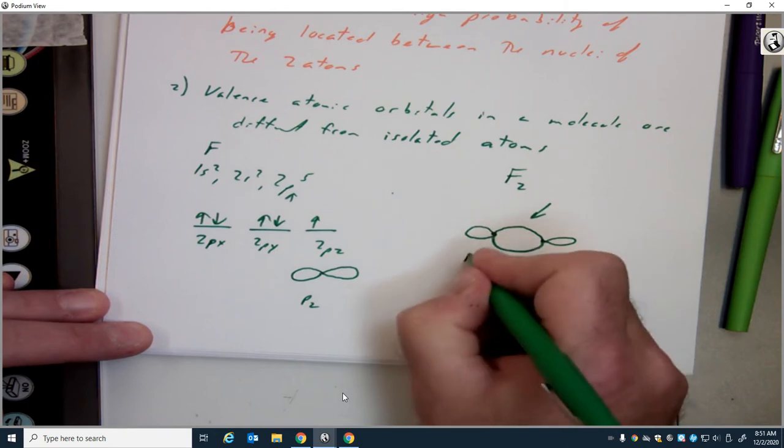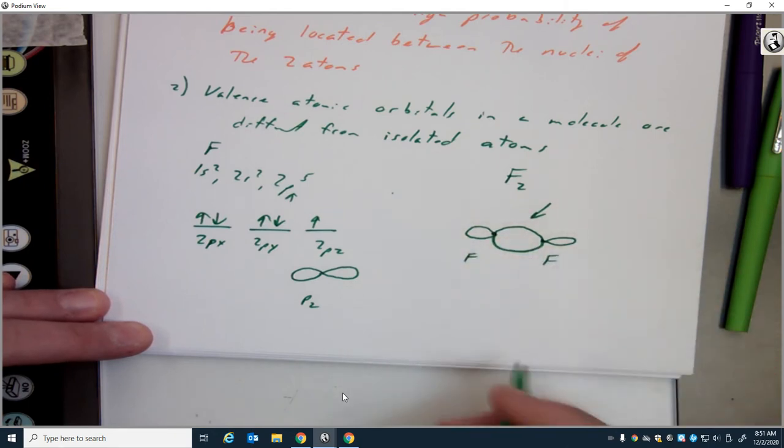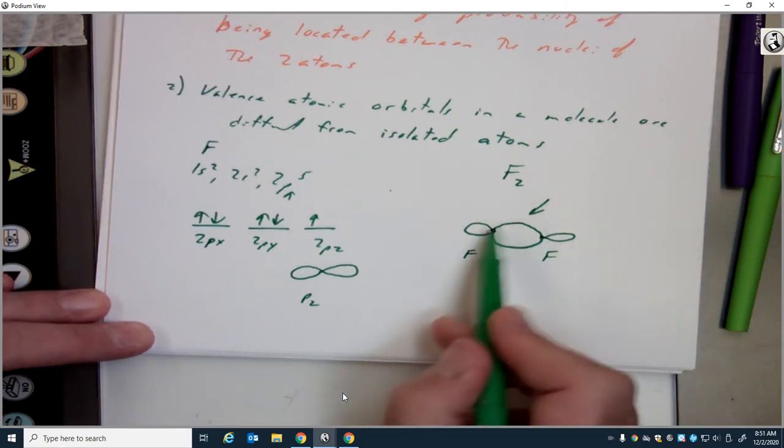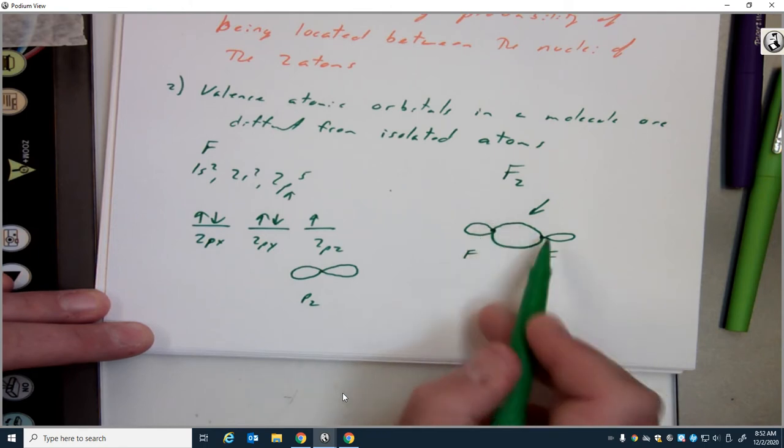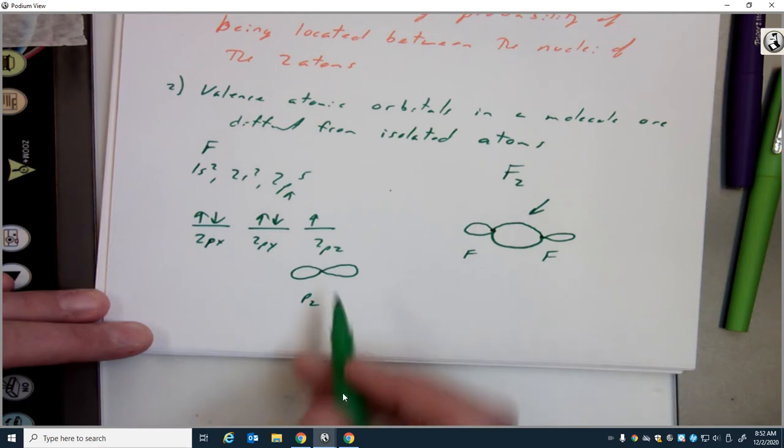This is one fluorine atom, and this is the other fluorine atom. Once we start overlapping, the orbitals change.